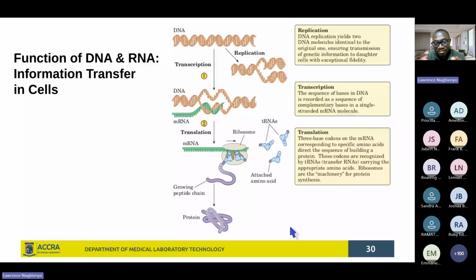This is just an overview of the process of transfer of genetic information. Next week, when we come, we'll look much more into detail at each of these processes, but we can take an overview of this today.